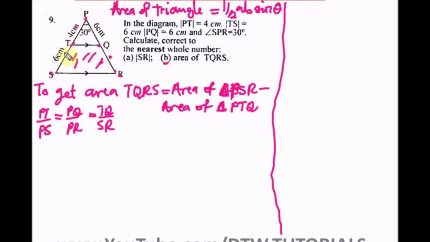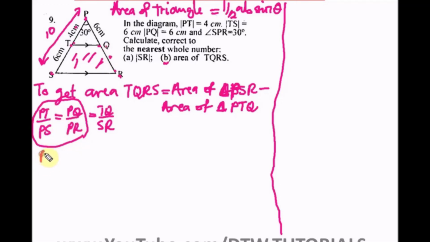Remember, PS is 6 plus 4, which is 10, which is PT plus PS, which gives us the total length of PS. So to get the total length of PR, it is PQ plus QR. From here we're going to equate these two so that we can get our QR. Just follow me closely.